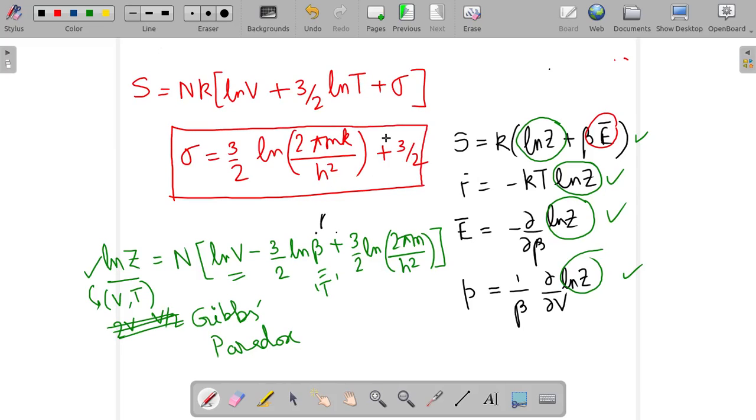So entropy is a function of volume, the temperature, and obviously the total number of molecules. And in Gibbs paradox, specifically what we will study is the dependence of entropy on the volume. What will happen if we double the volume or if we halve the volume, and whether our entire treatment is at all correct, or a certain modification needs to be done in our partition function.